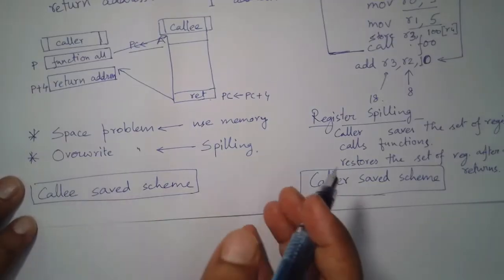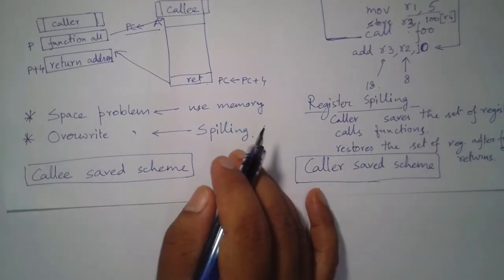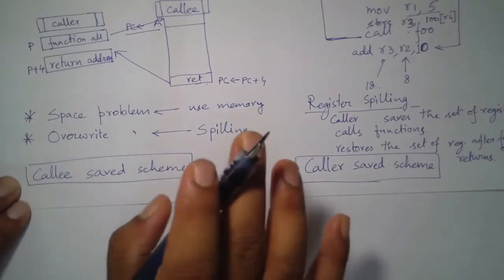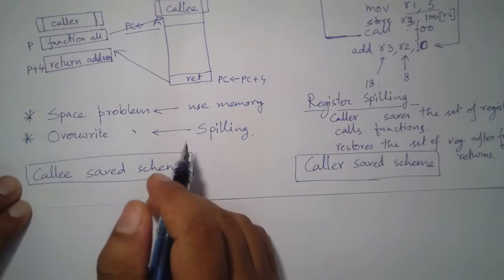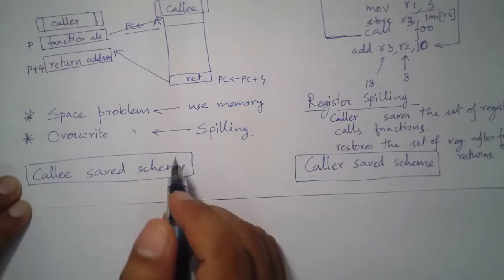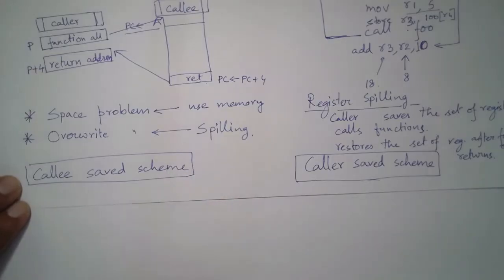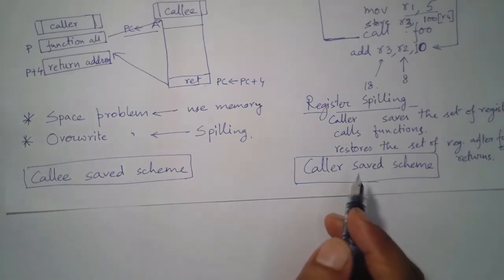Whenever you reach that callee function, it first saves the registers which are not being used for, let us say, argument passing or result passing, and then while returning, it restores all those values. So, these are the two schemes through which you can implement register spilling. All right.